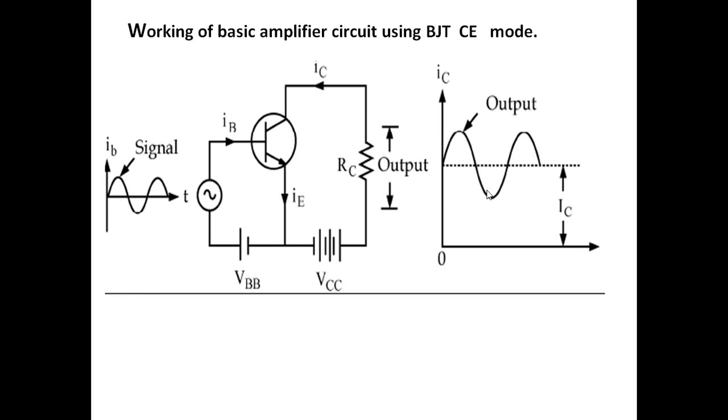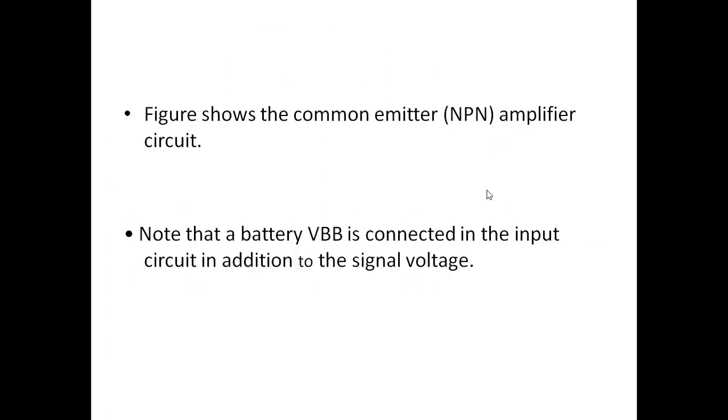Let us see the working. The previous slide shows the common emitter NPN amplifier circuit, as we have two types of transistors, NPN and PNP. In the previous slide, the transistor is used as an NPN transistor.